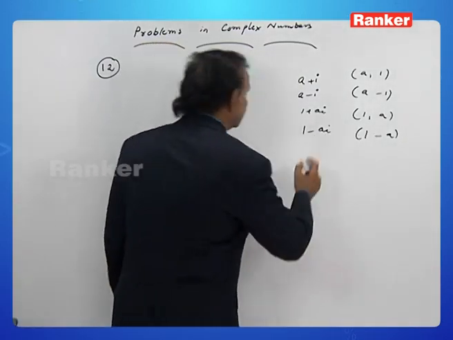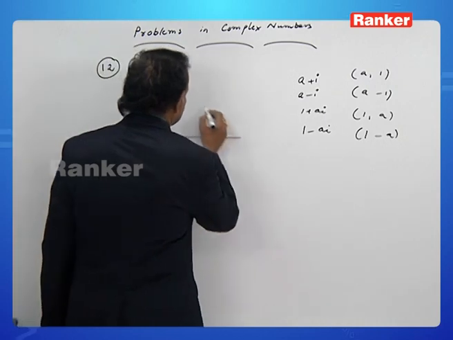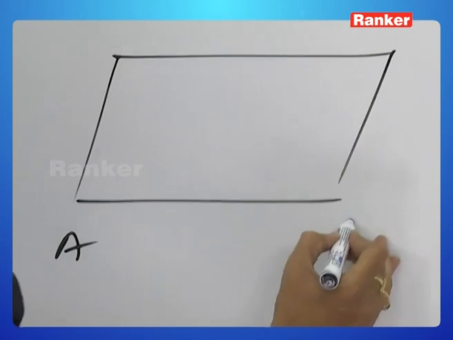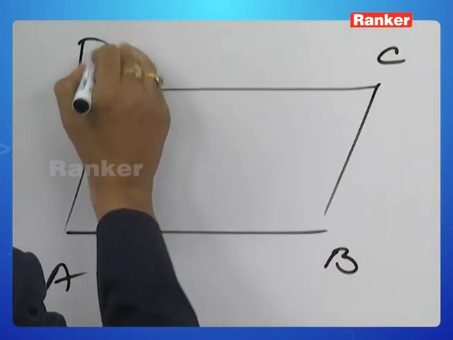Let me name these vertices as A, B, C, D.